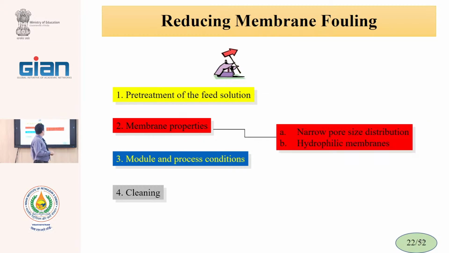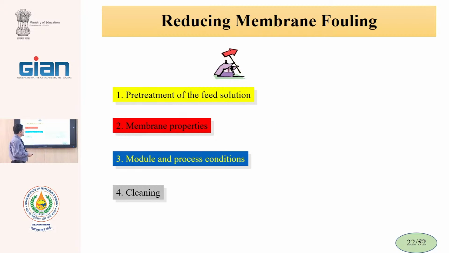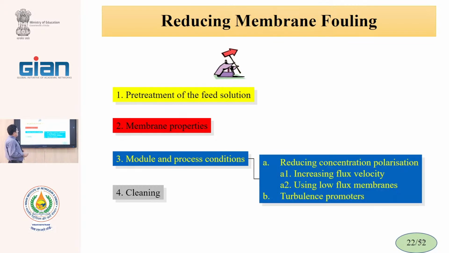Membrane properties, I say that we can increase the hydrophilicity of the membrane or control the pore size. Module and process condition, I discussed with a turbulence promoter, we can increase the mixing on the surface and reduce the concentration polarization.